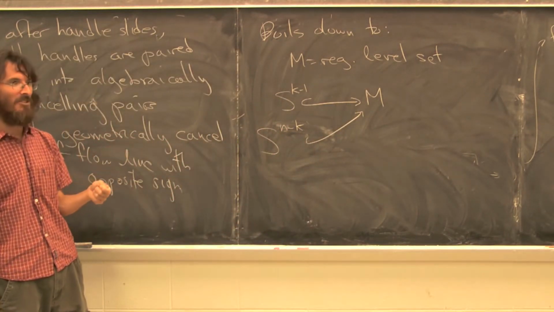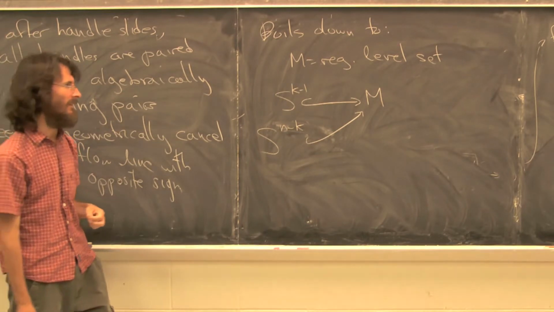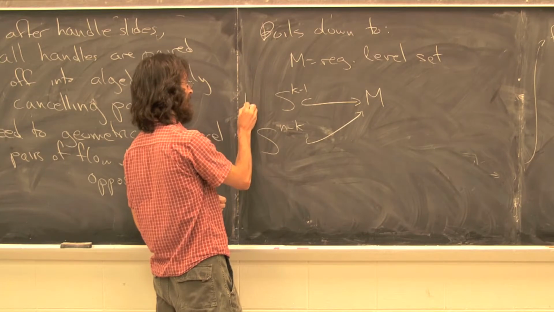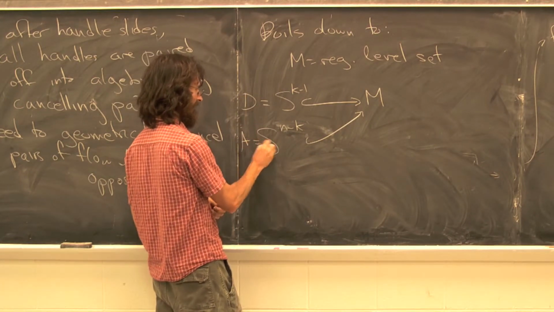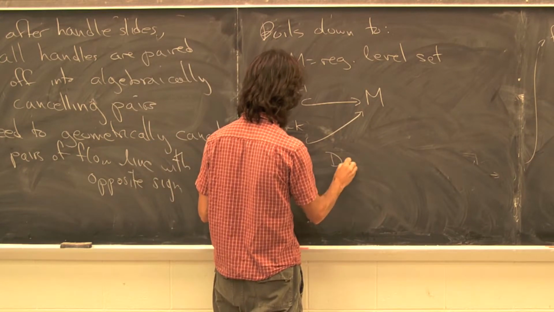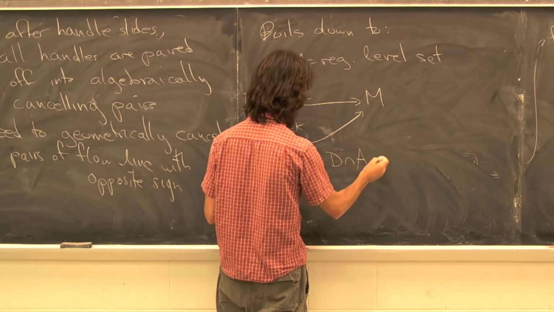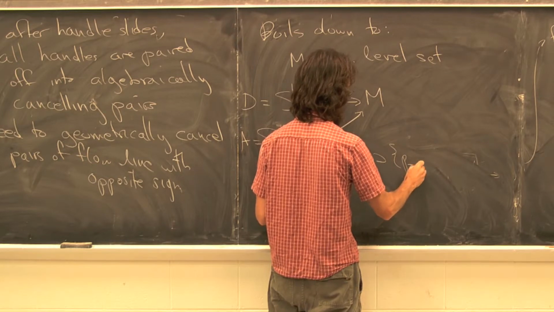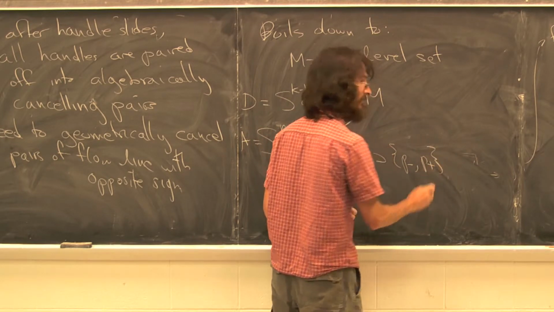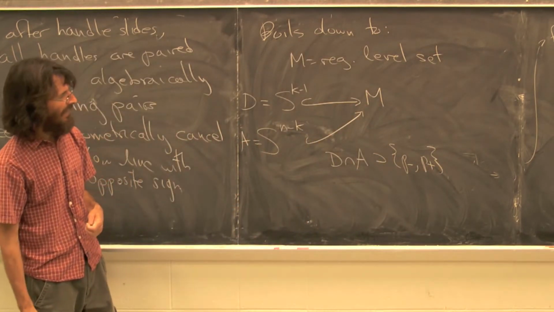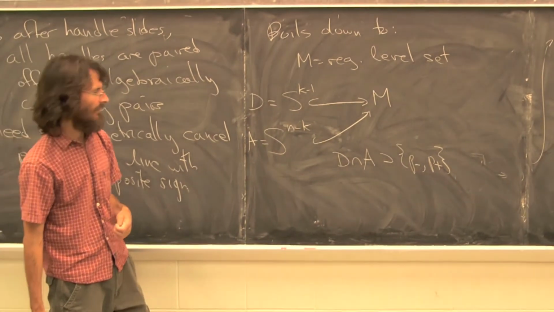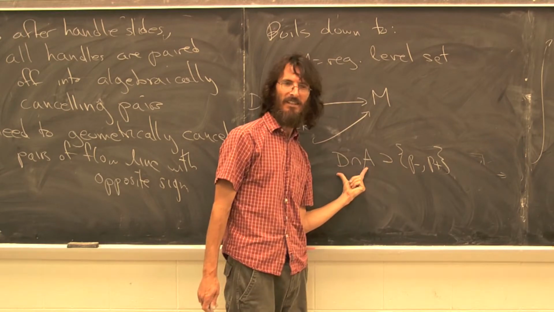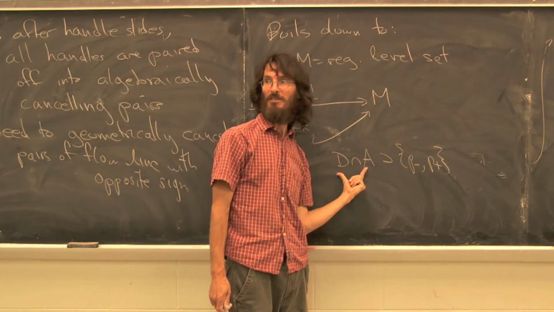And then we have two intersection points between them. So we'll just call this D for ascending, right? And then D intersecting with A contains 2 points, say P minus and P plus, which actually, as oriented intersection points, appear with opposite signs, right?